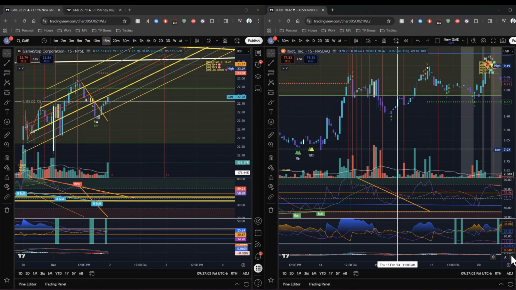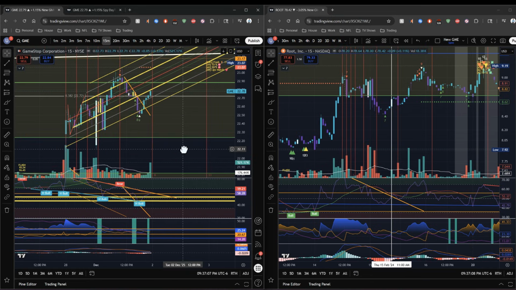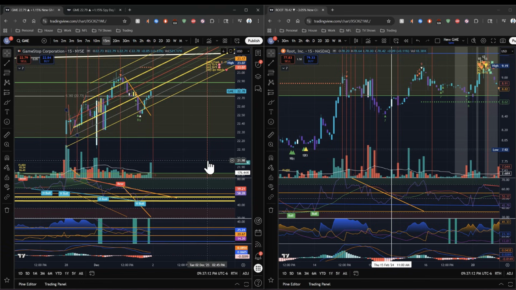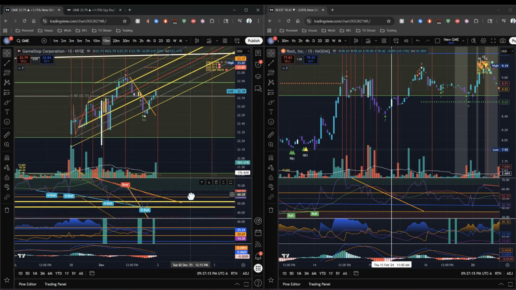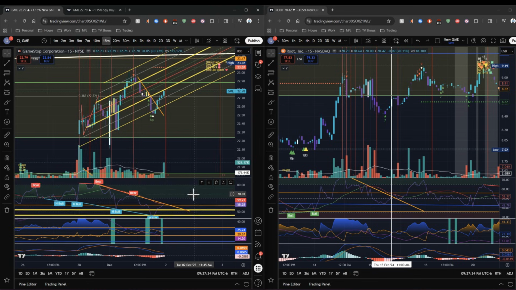Now a couple things I noticed when comparing them, right? I don't like to compare price action from one stock's chart to another chart. But especially when dealing with Wyckoff, because they can operate based off of RSI pivot points, I do like to. And I know this chart looks like garbage right now, and I apologize, but we'll get there, I promise. Now comparing the 15 to the 15 here, right?